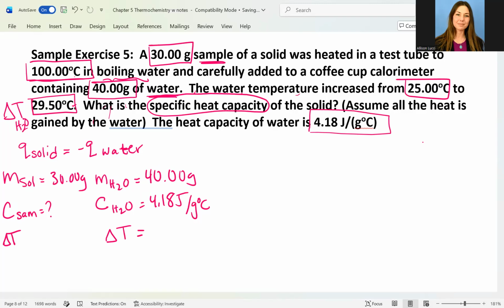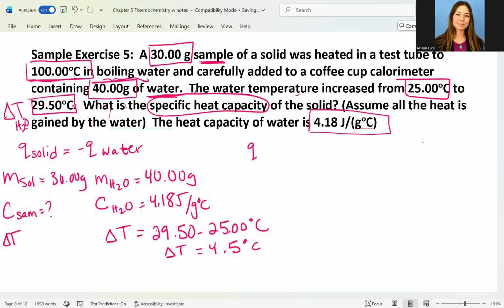So we had that our delta T for the water is going to be 29.5, right? Our final value, minus 25.00 degrees Celsius. So we see that our delta T here is 4.5 degrees C. So now we're going to take these values and we'll set them equal.